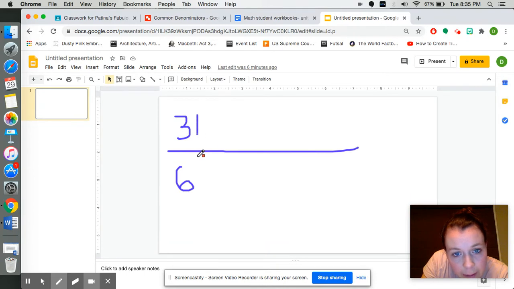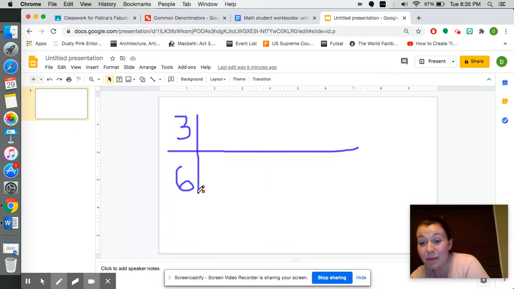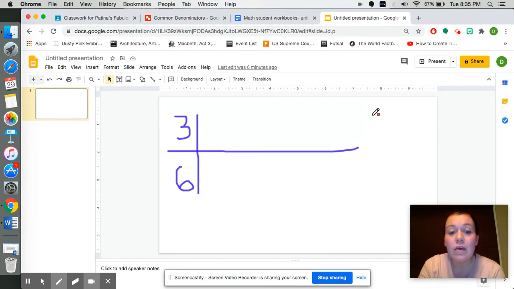And I'm going to draw a line right here because I'm about to make a table from, you guessed it, multiplication table. So how I'm going to find a common denominator is I have to find a number that they both have in common. That's why it's called a common denominator. So what I'm going to start doing, I'm going to start counting by 3s. And then I'm going to start counting by 6s.